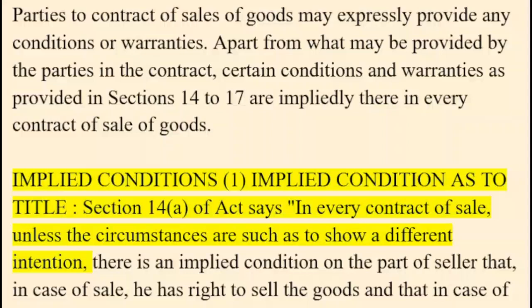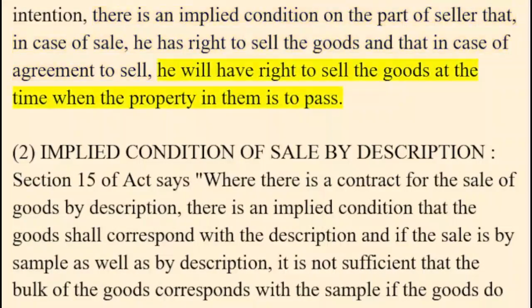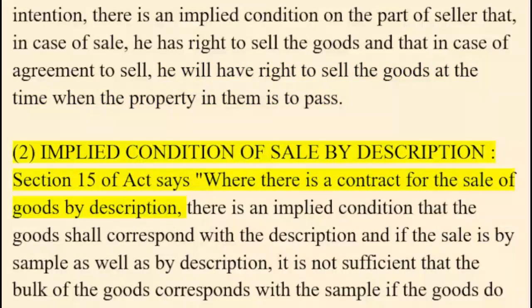intention, there is an implied condition on the part of the seller that, in case of sale, he has the right to sell the goods and that in case of agreement to sell, he will have the right to sell the goods at the time when the property in them is to pass. 2. Implied condition of sale by description.